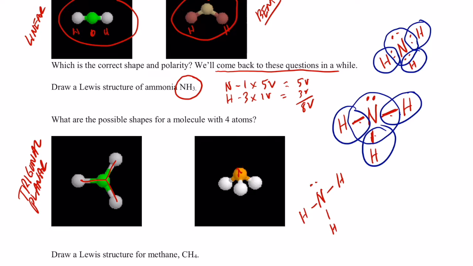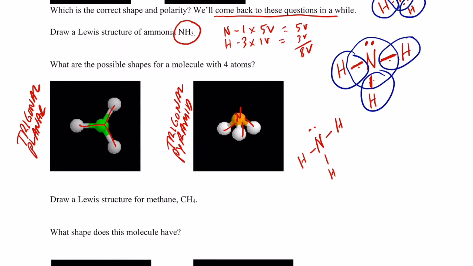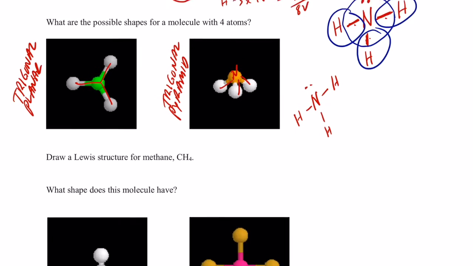But maybe the nitrogen's up top and those hydrogens are forced down into a pyramid type of shape. If we end up with this shape over here, we call this trigonal, but instead of planar, we call it a pyramid. So it's going to be one of those two shapes, and once again I'm going to leave you in suspense. We'll figure out the shape here in just a bit.